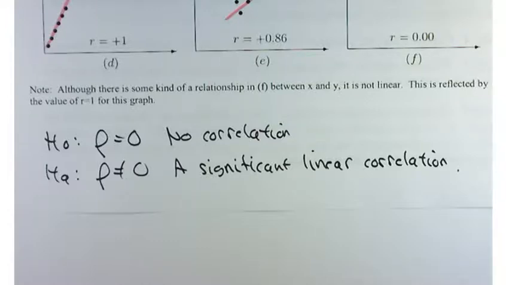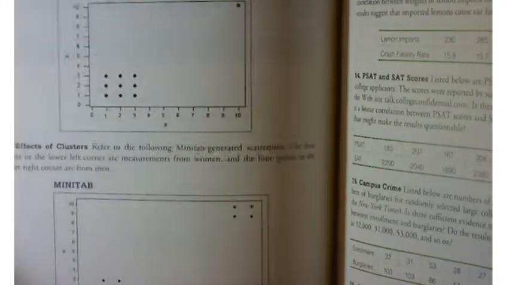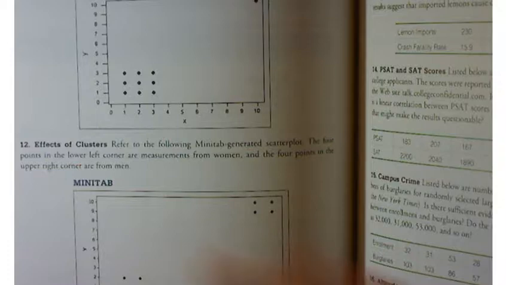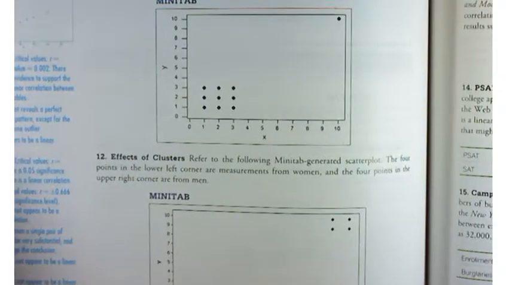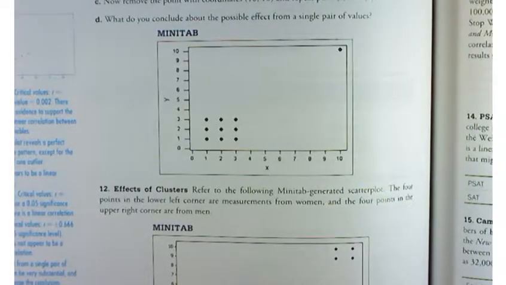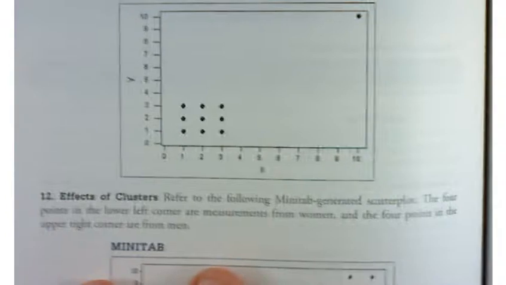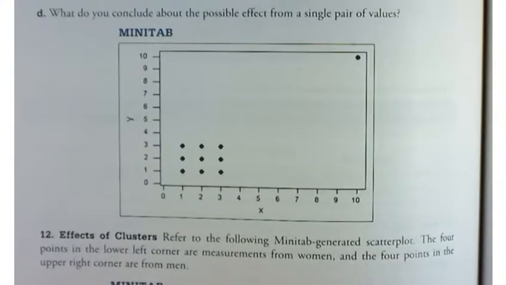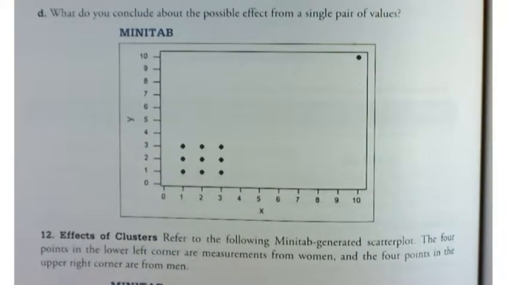Let's take a look at problem number 11 here. And I just want to emphasize a little something about the linear correlation coefficient, and that is it's sensitive to outlying values.